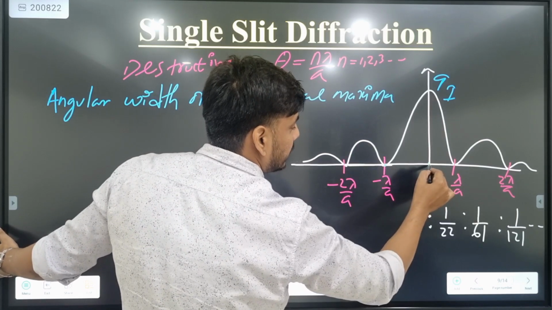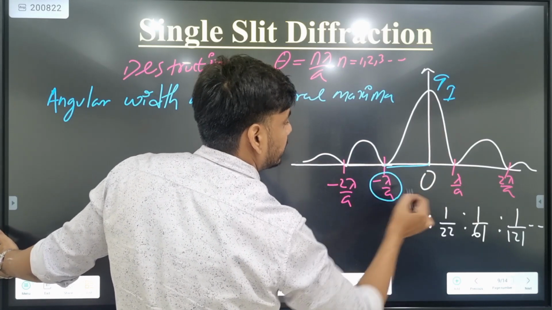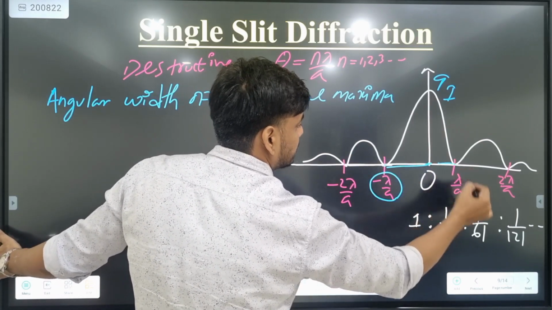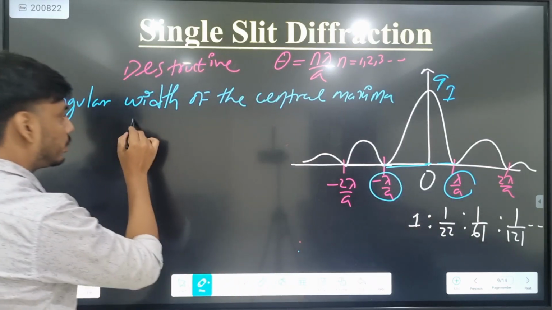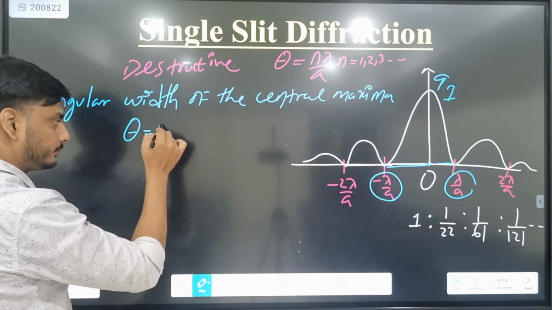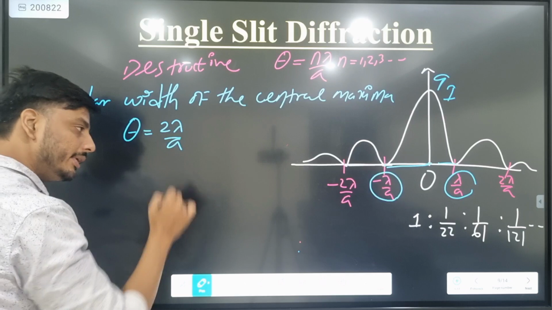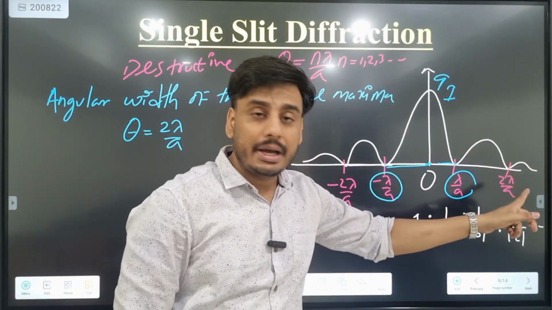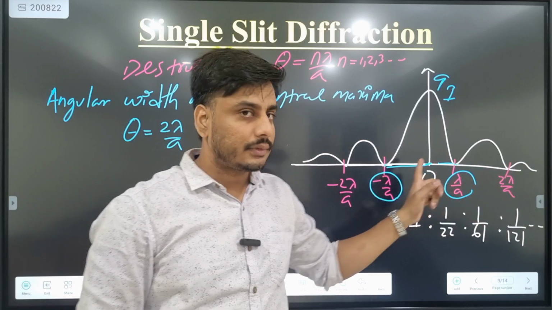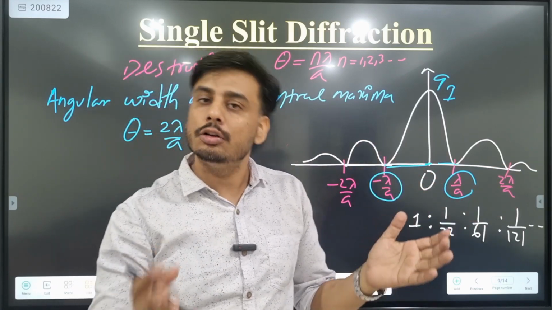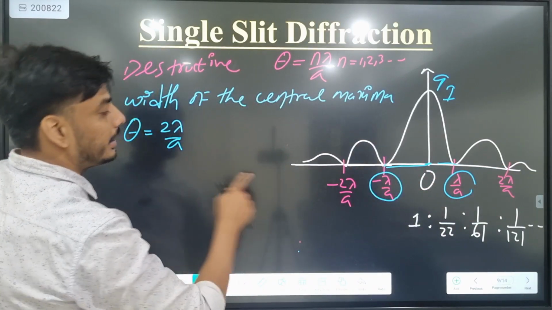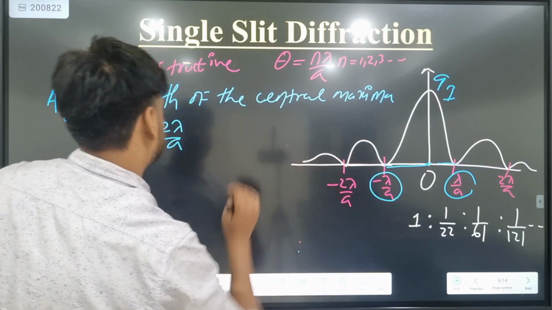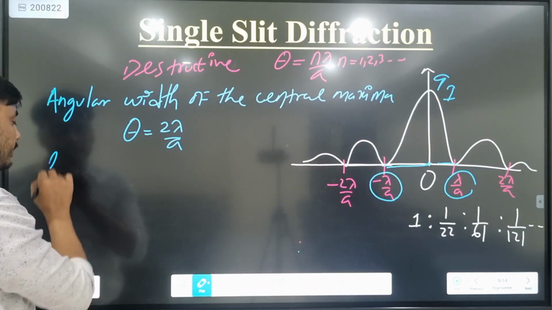The angular width from theta equal to minus lambda by a to 0, and then from 0 to lambda by a on this side. So the total angular width will be 2 lambda by a. If the angle from the central maxima to the first minima is 30 degrees on the right side and 30 degrees on the left side, the total angle will be 60 degrees. The negative sign just indicates the left hand side. This is the angular width.